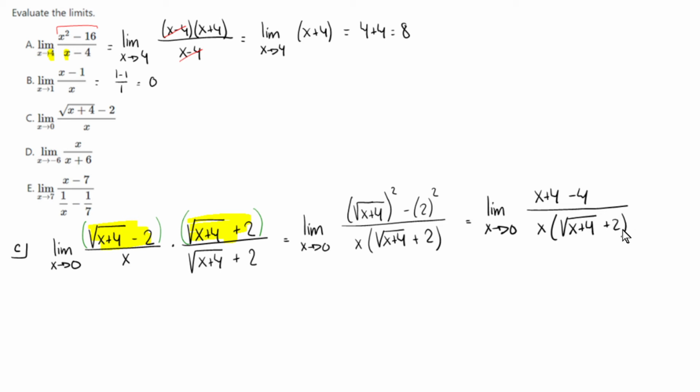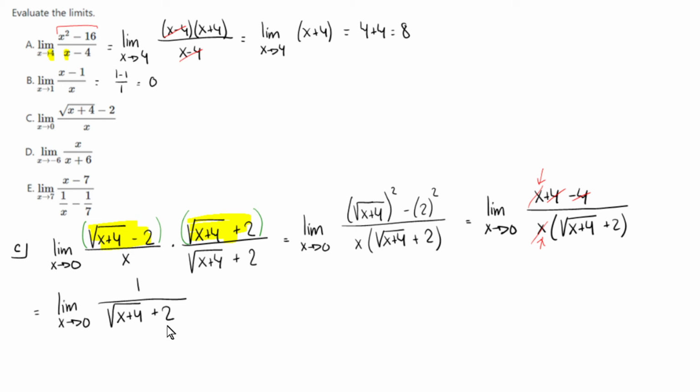And now we can see that 4 minus 4 just cancels out, that's 0. And then we're left with just a single x in the numerator. And there's also an x here, so those cancel. So what we're left with now is the limit as x tends to 0 of 1 over square root of x plus 4 plus 2.